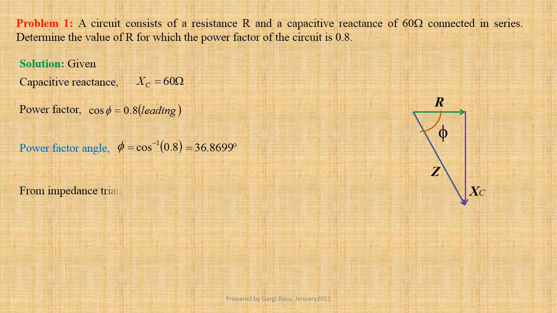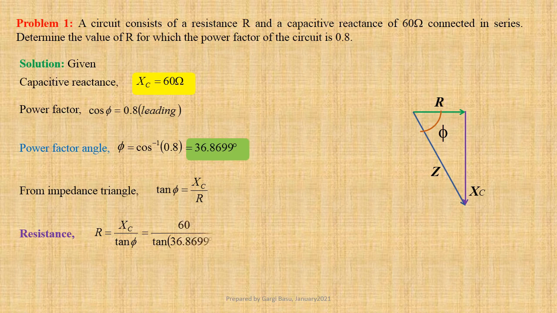From the impedance triangle, we get tan phi equals Xc by R. Therefore, resistance R equals Xc by tan phi, that is equal to 60 divided by tan of 36.8699 degree. That gives us 80 ohm.